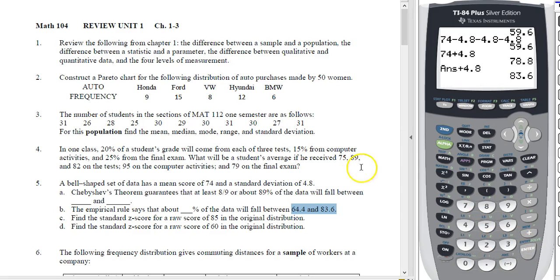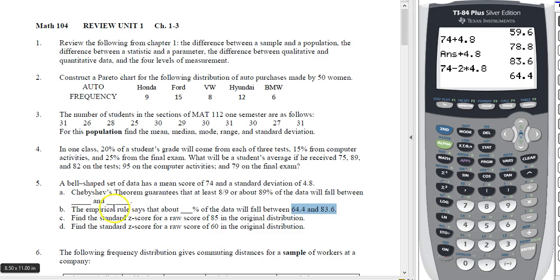And let's see, 83.6, that's the upper number. And I bet this lower number, 64.4, is what you get when you take the mean minus 2 standard deviations, 2 times 4.8. Two standard deviations below the mean, sure enough, is 64.4. So these are the numbers that are 2 standard deviations below and above the mean.